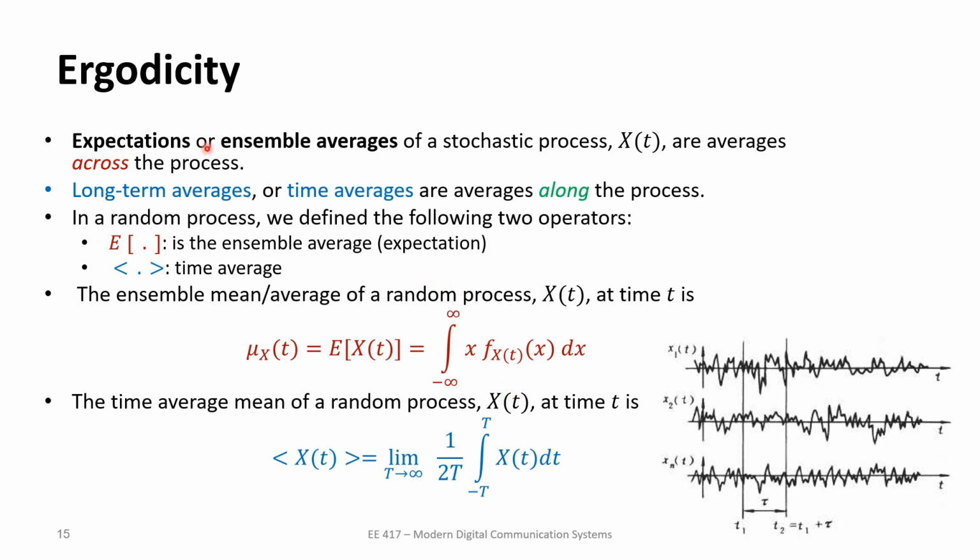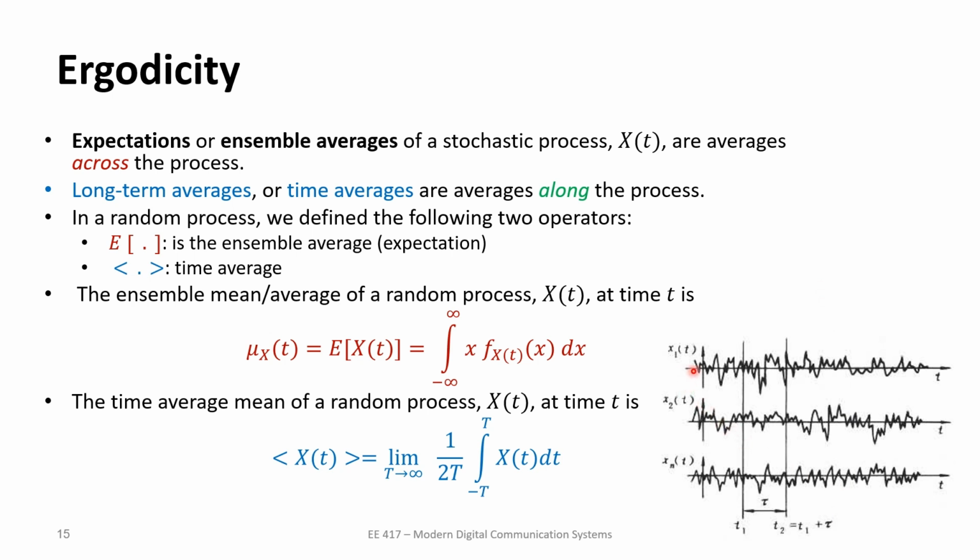Okay, then we can also look at ergodicity. Now we can think of the expectation or ensemble averages of a stochastic process as averages across processes. If you have, for example, the weight of one student, the weight of another student, and you take at one instant of time, these are the ensemble averages.